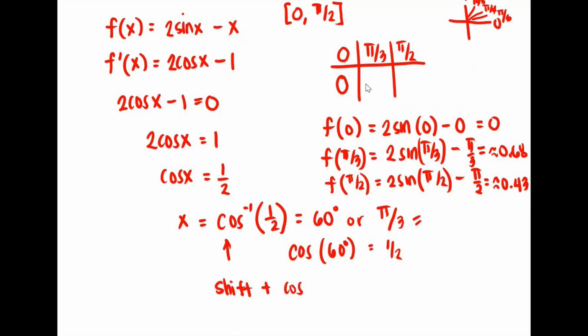So from this, approximately 0.68 and approximately 0.43. So the maximum value is 0.68 and the minimum value is 0.